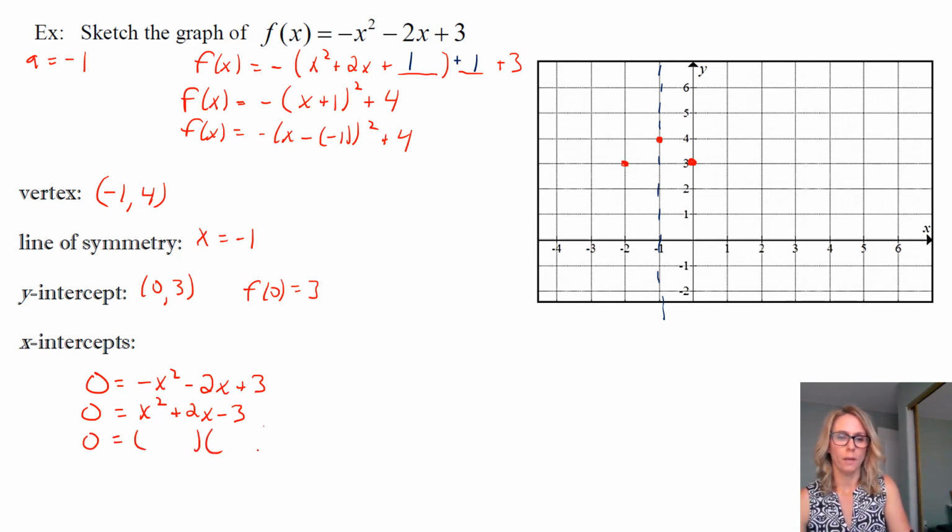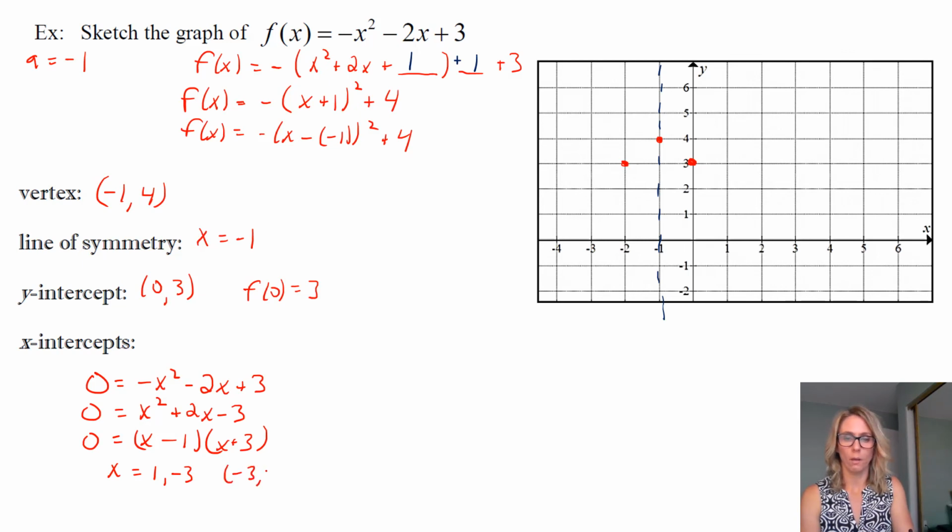Then we can factor x, x, only 2 factors of 3, 1 and 3. The 2 is positive there, so we know we want the bigger number to be positive and smaller to be negative. So that's going to give us 1 and negative 3, or the points negative 3, 0, and 1, 0.